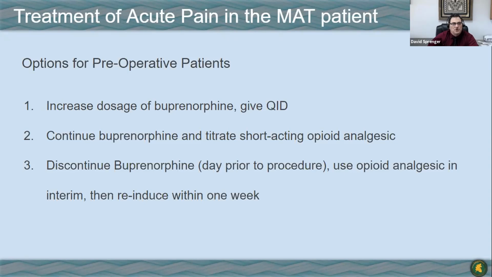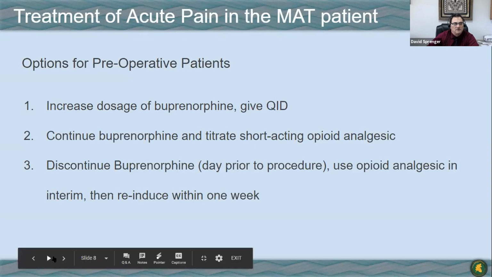So we talked a little bit about treating acute pain in the MAT patient in the situation of having a procedure. Well, what happens if they present to the ER?